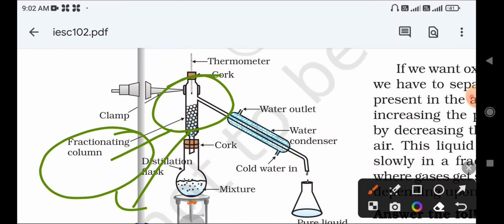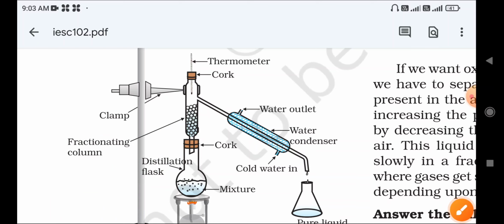It is not present in the simple distillation flask setup.